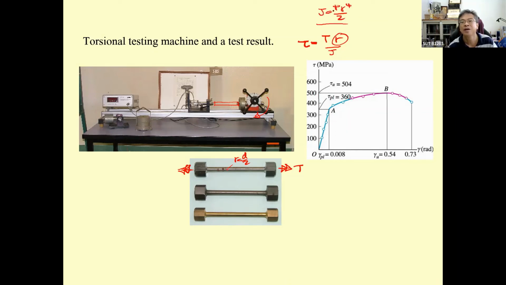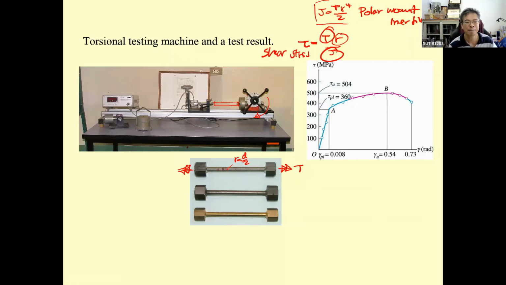You can go back to engineering statics and take a look at this polar moment of inertia. We call it polar moment of inertia. This is also known. So everything is known, so the shear stress can be measured and computed.